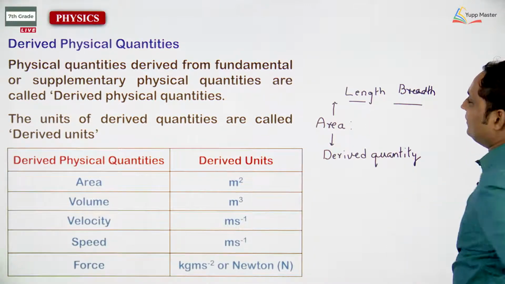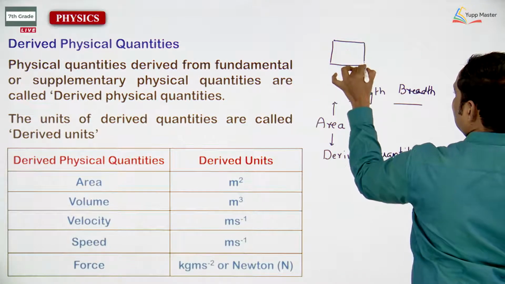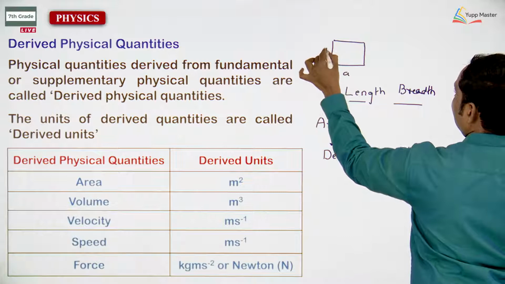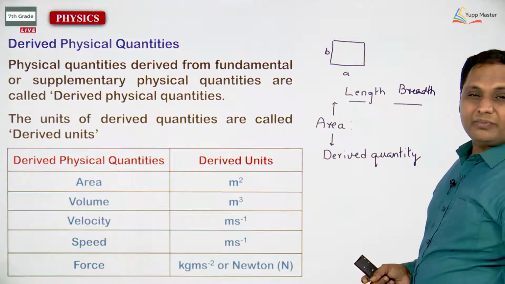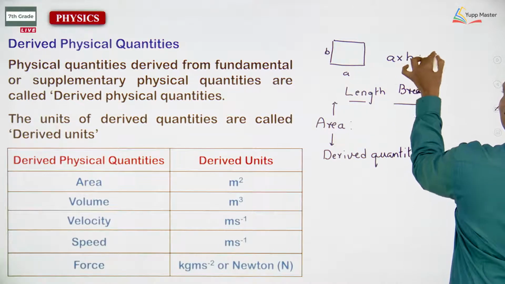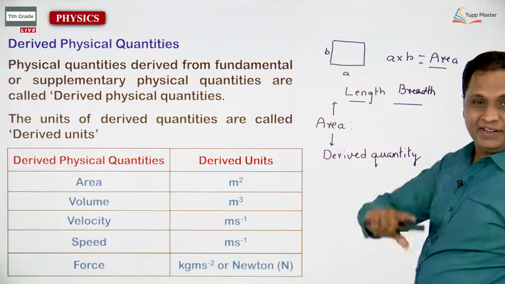If you are going to measure that area, you take A and B, that gives the area. It has been represented, it's very clear.